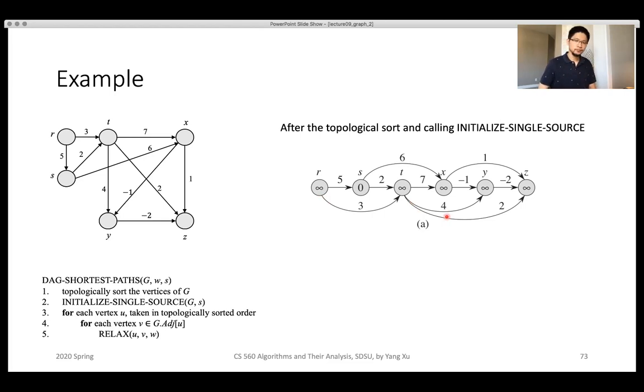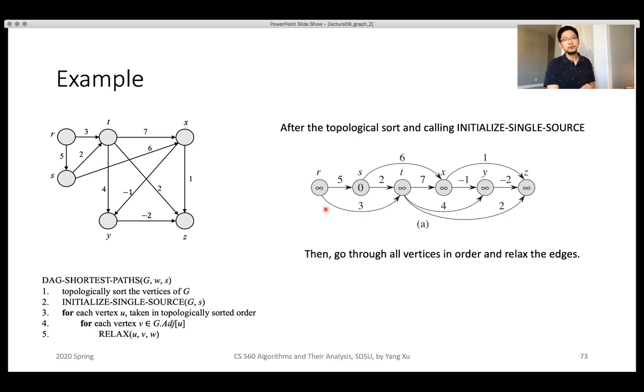The source is left with a 0 as its D attribute. Now we enter line 3, the for loop, to go through all the vertices in the order from left to right, according to the results of the topological sort.